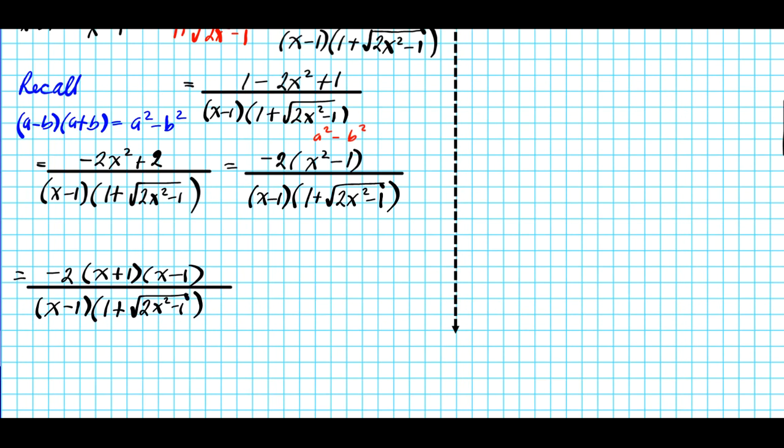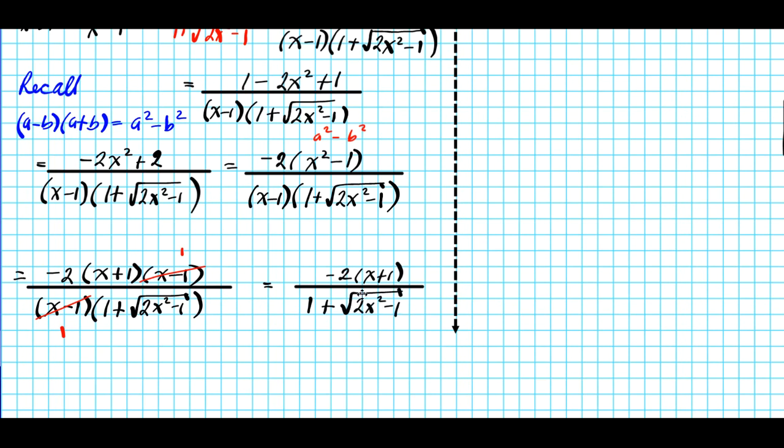Okay, so these x minus 1s divide out conveniently, and we have negative 2 times x plus 1 divided by 1 plus the square root of 2x squared minus 1.